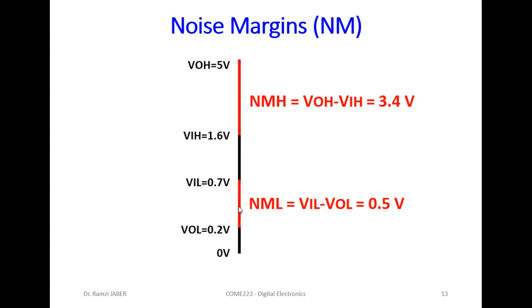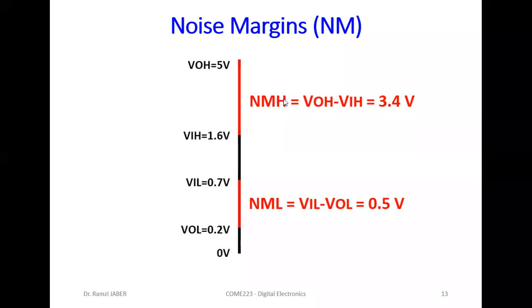Here in this region we have noise margin. Now, between 0.7 and 1.6 is active mode, linear mode. We don't have noise margin here. But between 1.6 volts and 5 volts, we have noise margin high, NMH.